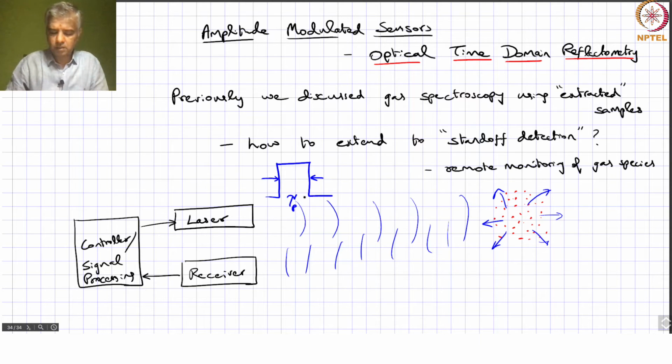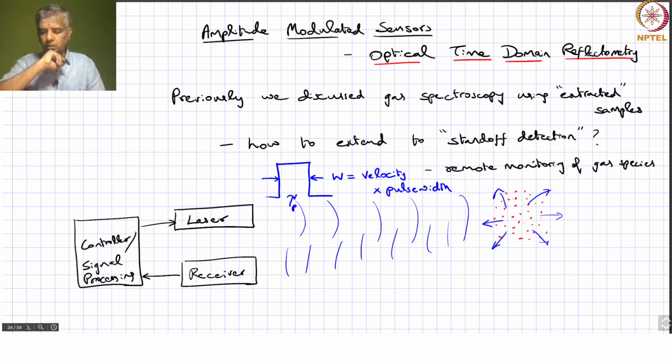So this time duration of the pulse that you're sending is going to occupy a certain spatial distance, that spatial extent. Let's call that W. So W is going to be equal to the velocity of light multiplied by the pulse width.